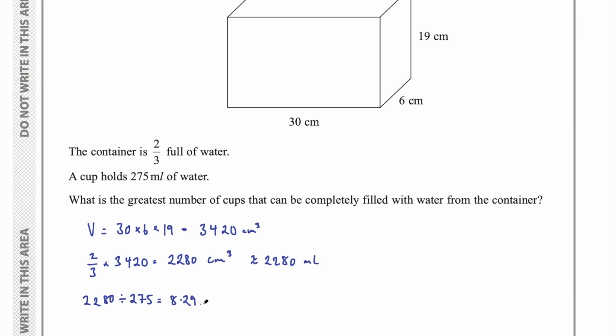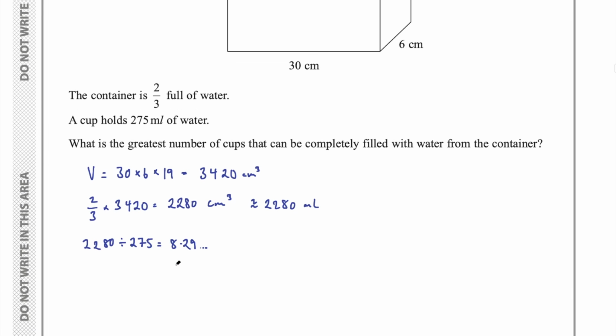And this is going to approximate to 8 cups of water because it says how many cups can be completely filled. So that 0.29 obviously wouldn't be a completely full cup. So this will be approximately 8 cups. So final answer there is 8 cups. And that was question 4 for 4 marks.